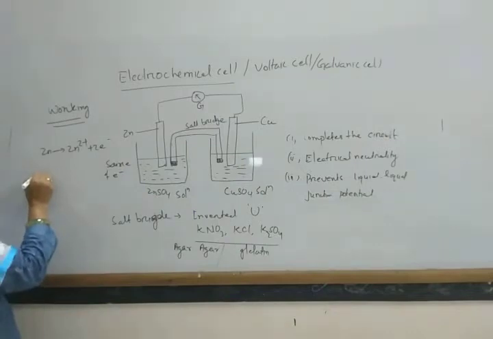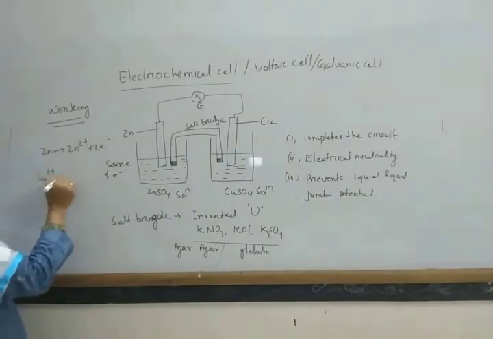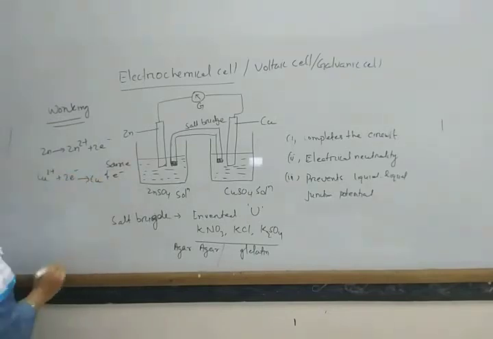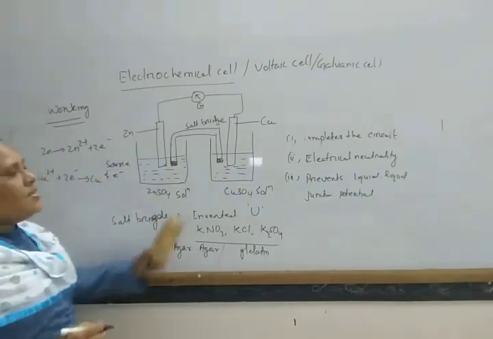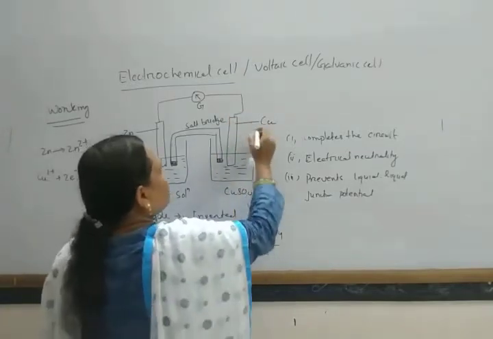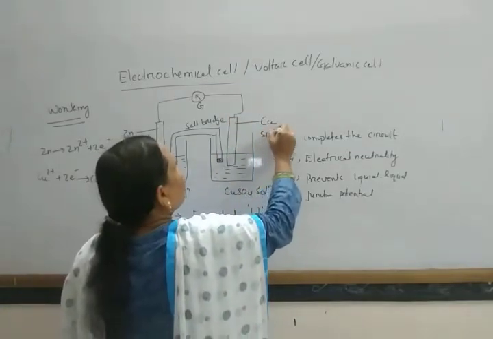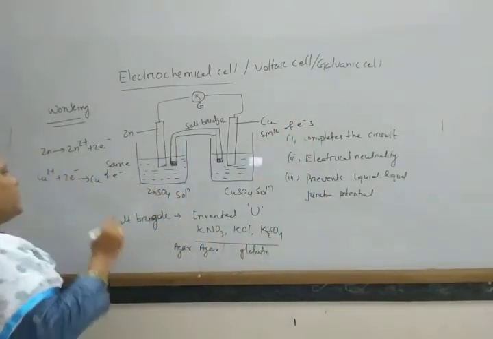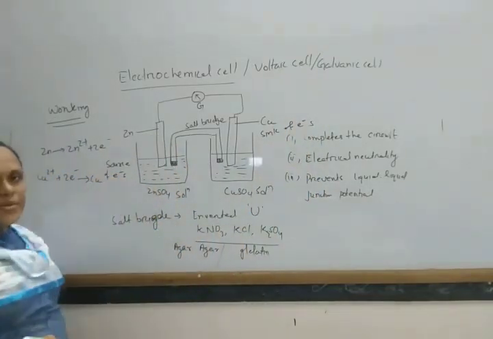So Cu2+ plus 2 electrons gives Cu. Now this half is known as the sink of electrons, and the other is the source of electrons.